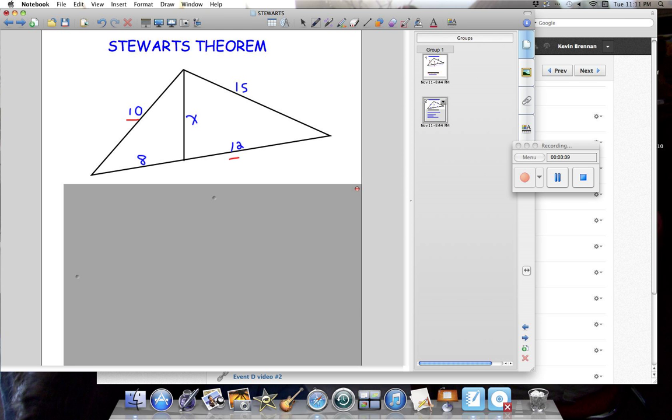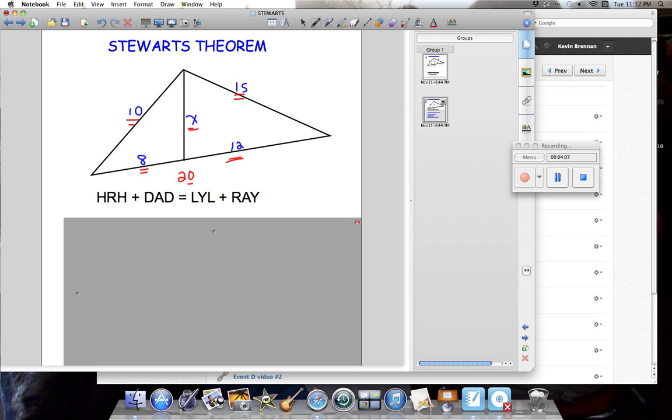So her: 10 times 12 times 10, plus dad, which is 15 times 8 times 15, equals LYL: L times 20 back to the L, so x times 20 times x, and then Ray is 8 times 12 times 20. Okay, so her dad, little Ray.